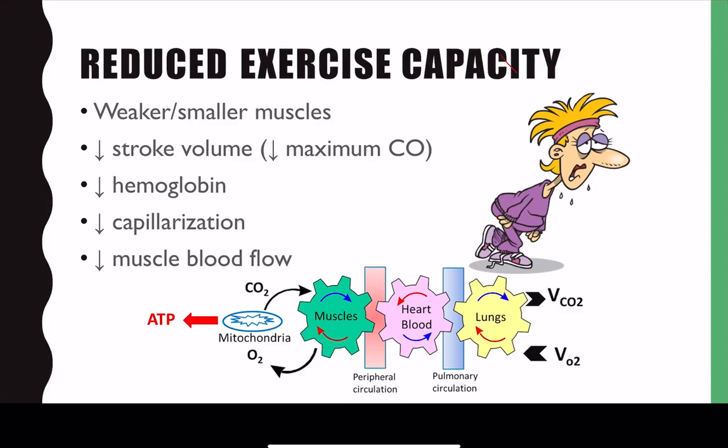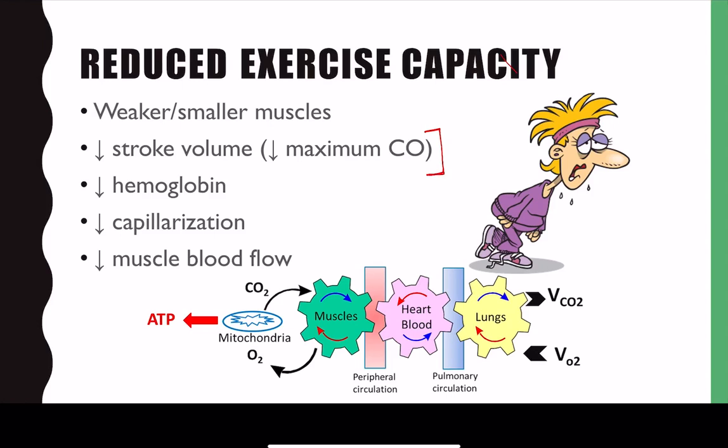Because all of these systems are interrelated, the effect of physical inactivity is a reduced exercise capacity. Weaker, smaller muscles that are worse at using oxygen. A reduction in stroke volume, which means you have a reduction in the maximum cardiac output.